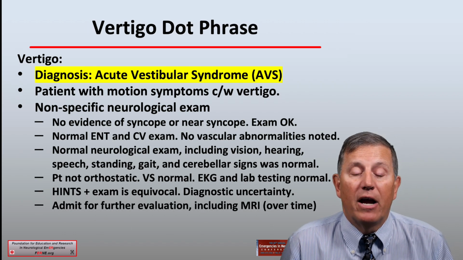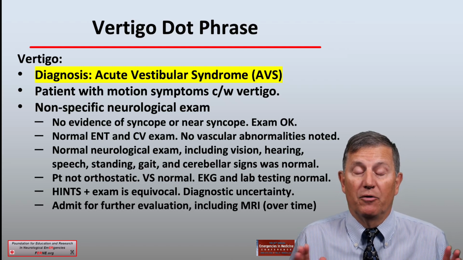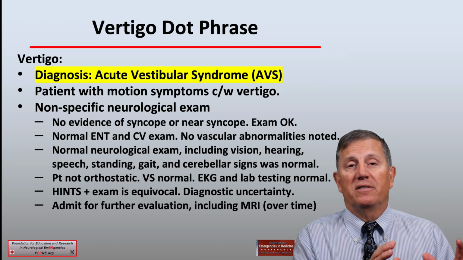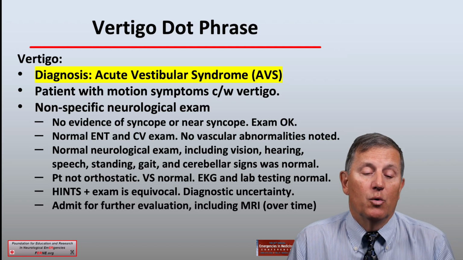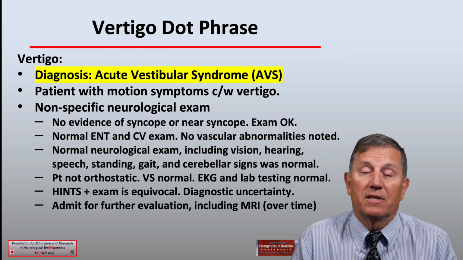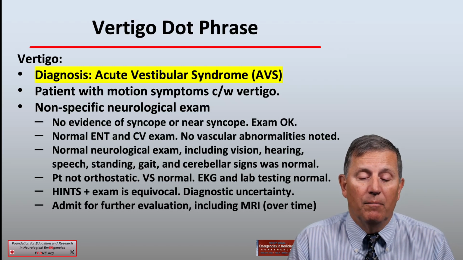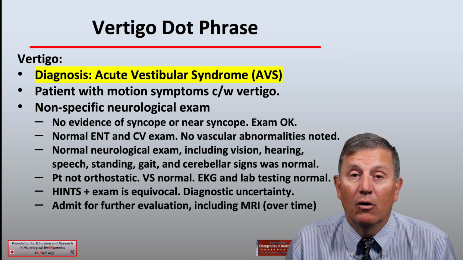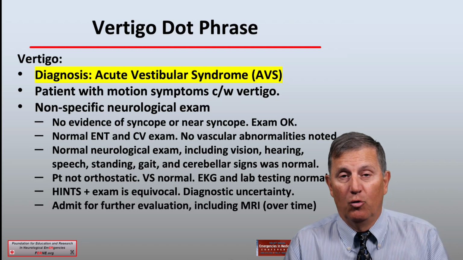The second dot phrase would be related to acute vestibular syndrome. This is a specific diagnosis, continuous dizziness present at the time of ED evaluation. You would say then the patient has motion symptoms consistent with vertigo. They have a nonspecific neurological exam. Now, if they don't have a specific finding that would suggest a peripheral etiology, and what are those two?